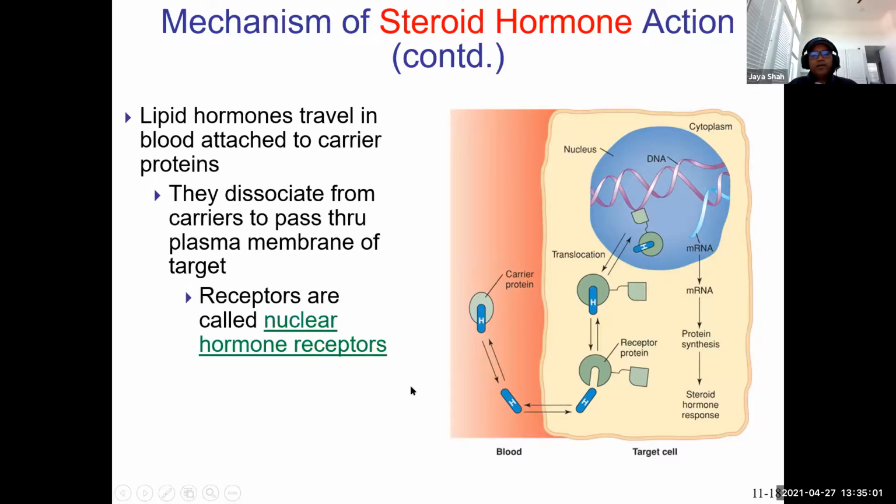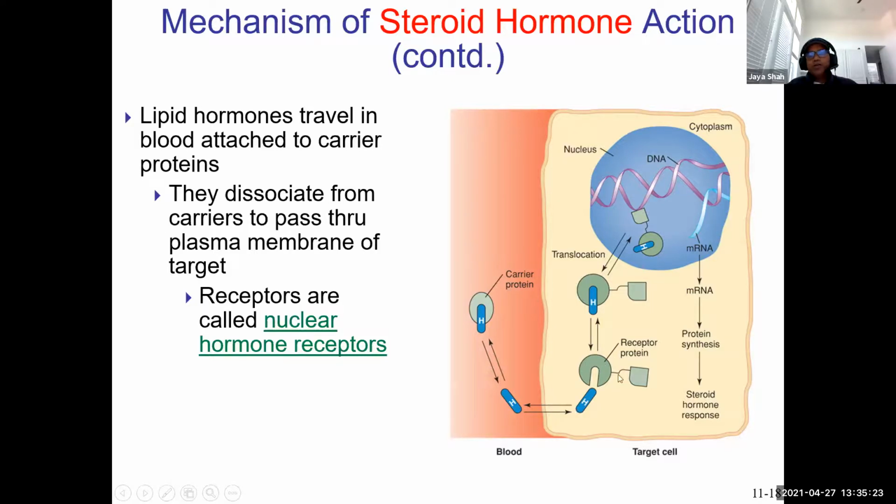Receptors are now nuclear hormone receptors because they are binding to the inside-the-cell receptors. So this hormone is binding now with the nuclear hormone receptor.